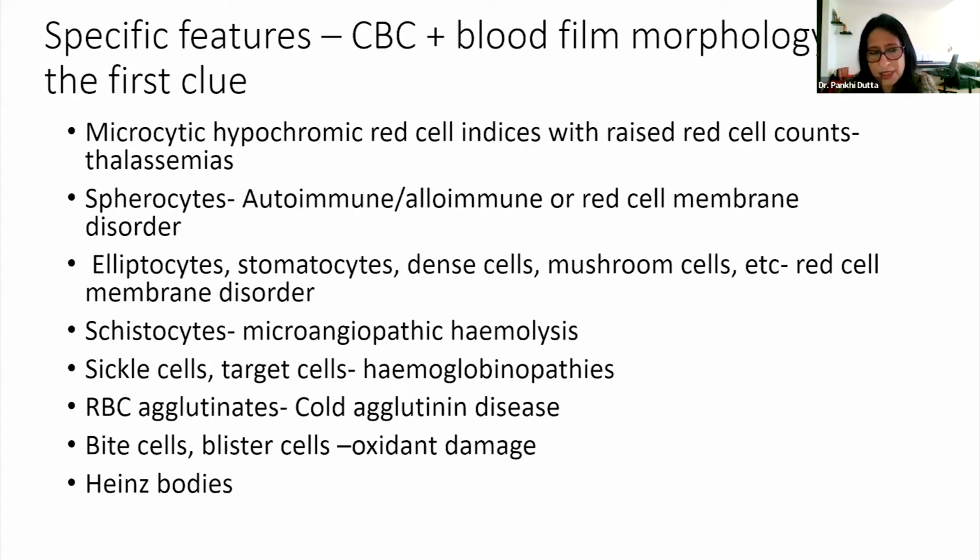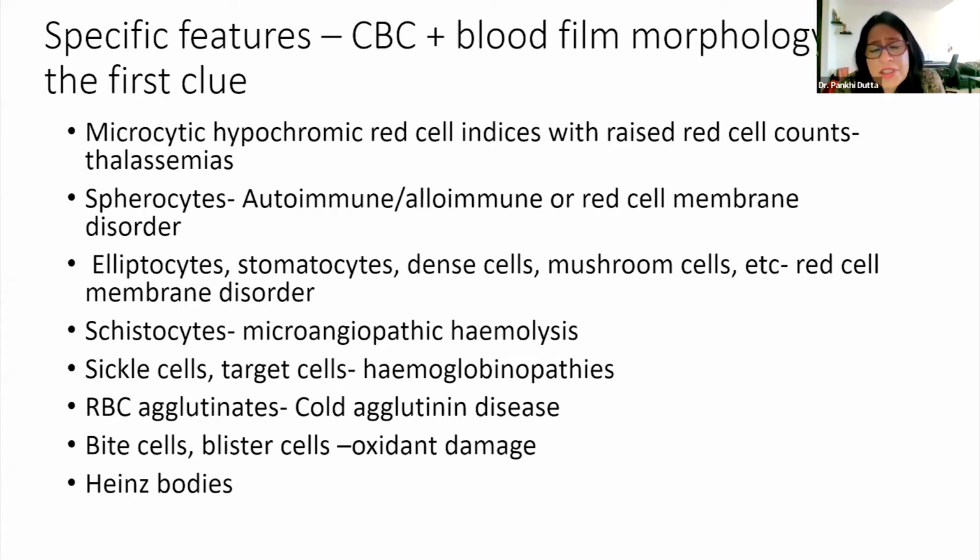Hemoglobinopathies can be associated. Sickle cells, if you see them and you're finding hemolysis, the buck stops there. You'll stop all other investigations, but just confirm that there is sickle hemoglobin. Sometimes antibodies, cold antibodies especially, which can cause agglutination of RBCs, can be seen in the peripheral blood film as red cell agglutinates.